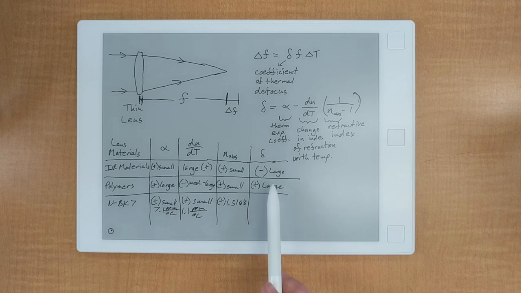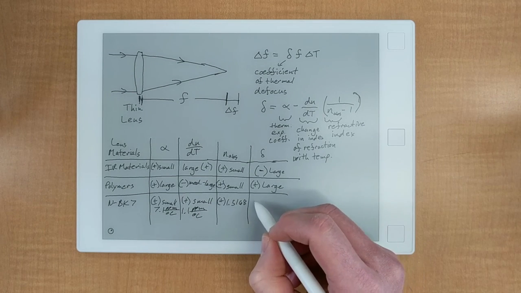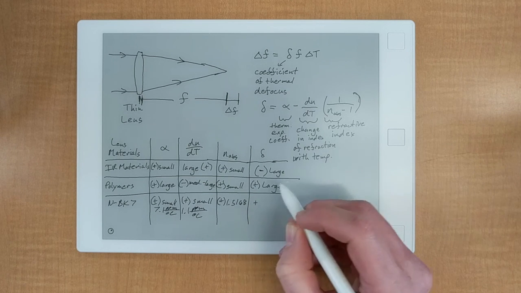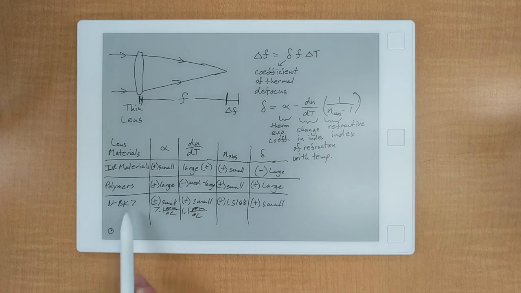So your delta for N-BK7 is going to be, I believe, positive, and it's going to be small. So that's one of the advantages of this material.